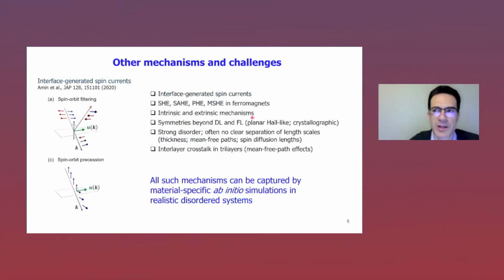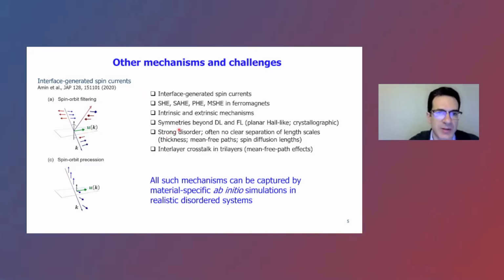But there are other mechanisms that can contribute to the spin torques, which have come to prominence recently. So interfaces can themselves generate spin currents due to the interaction of the electronic spins with the k-dependent effective magnetic fields at the interface.